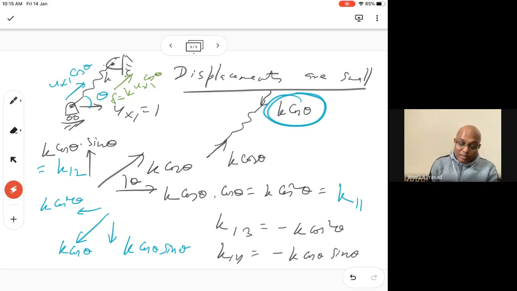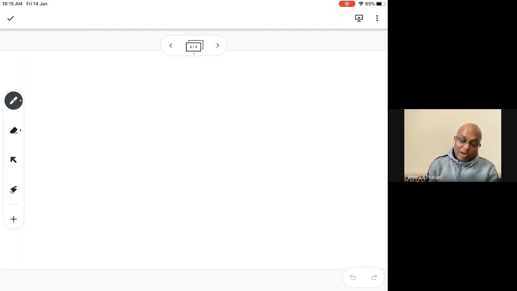So we got K12, K11, K13, K14. Similarly, you can get the other values. So what we got, we can write K equal to, and we have K in common.